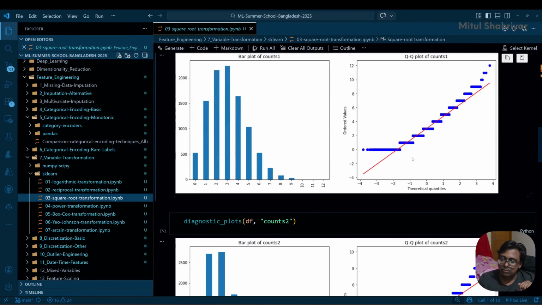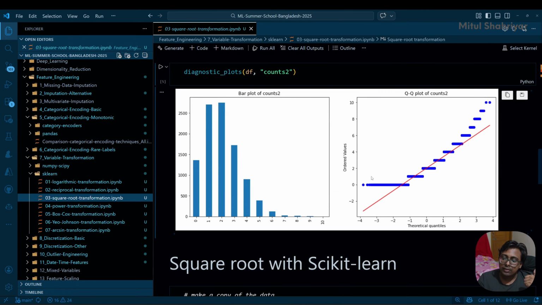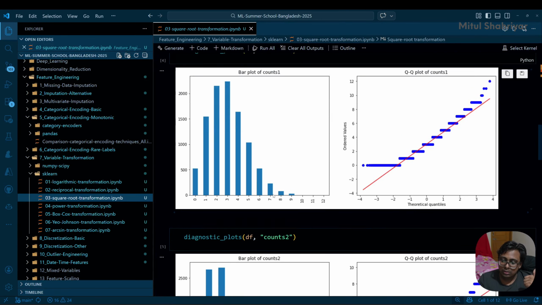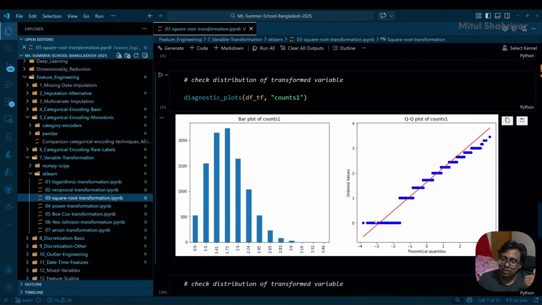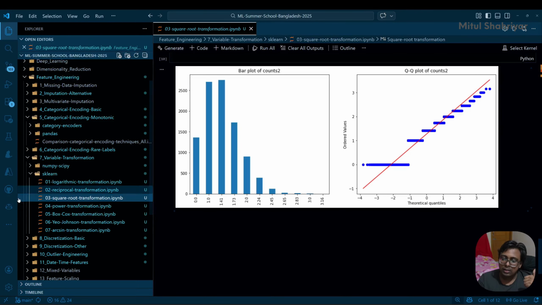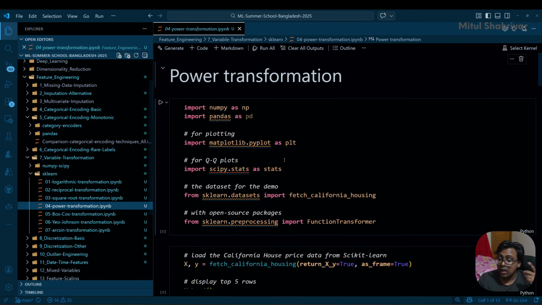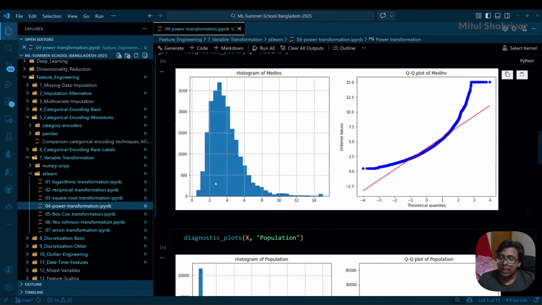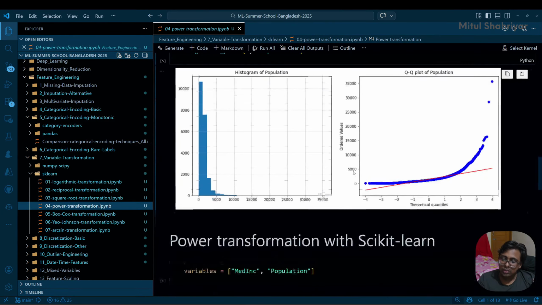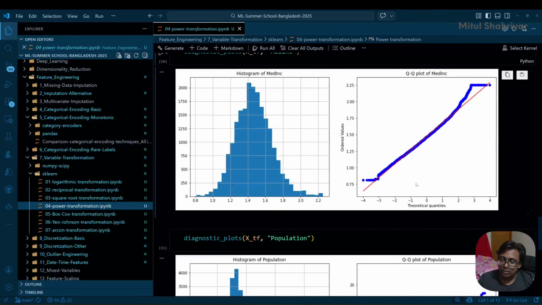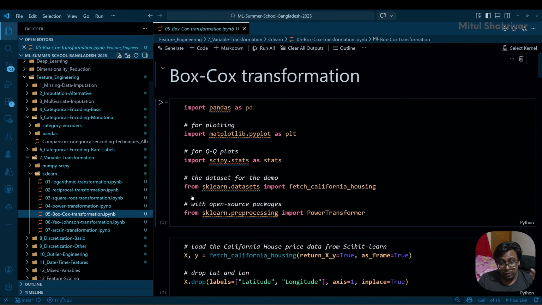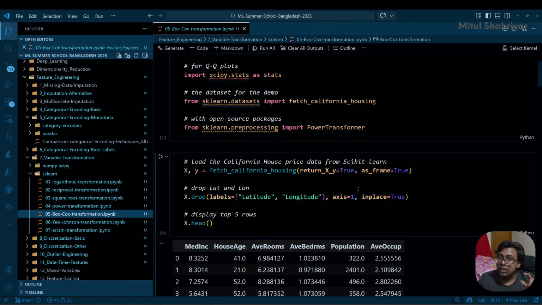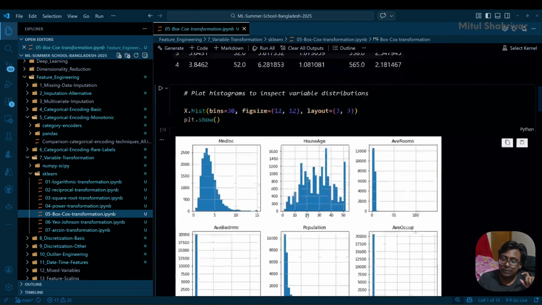Okay. For square root, the same goes. We have already seen that example in the slides. Sorry, this has not been changed. So after square root, you can see it's in the middle. Great. Power transformation, which we haven't seen any graph for in the slides. Again, to the left here, and after the power transformation, in the middle and covering the line. Now the Box-Cox transformation, which works for positive values only.